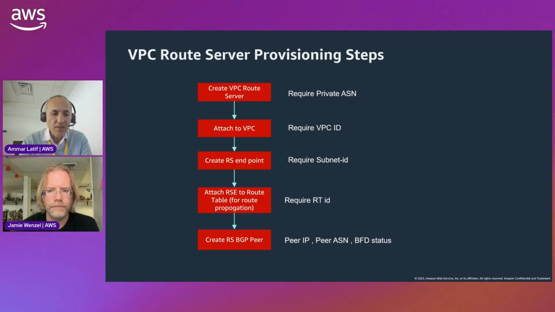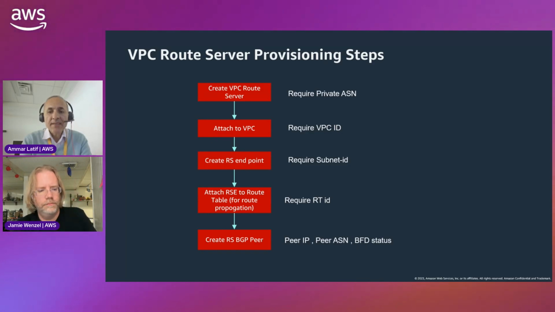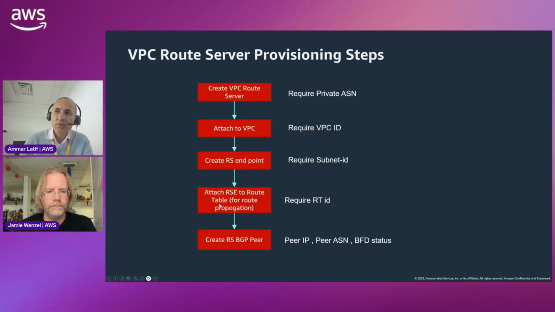These are endpoints in a subnet, and then you tell VPC route server that whatever routes you're going to get, propagate them to this route table or a set of route tables. So that's basically attaching the route server endpoint to a route table. That's what it means for route propagation.